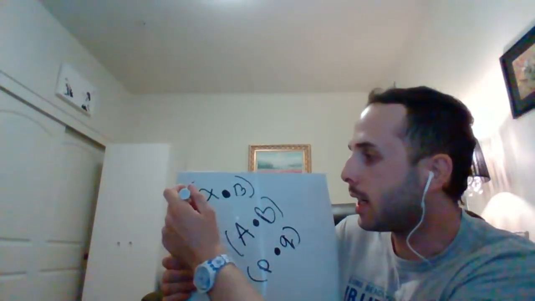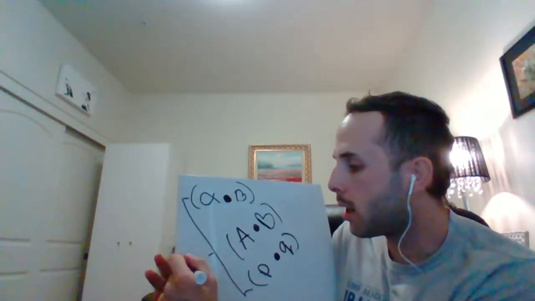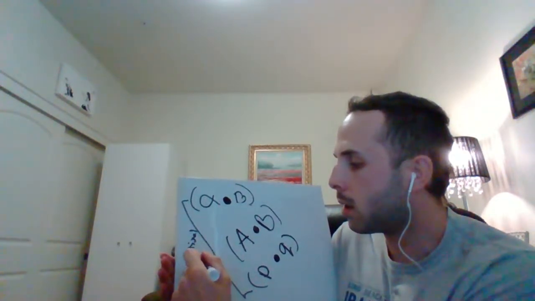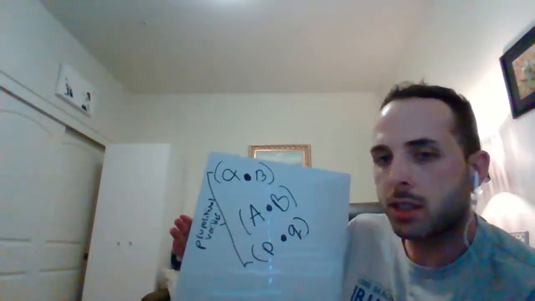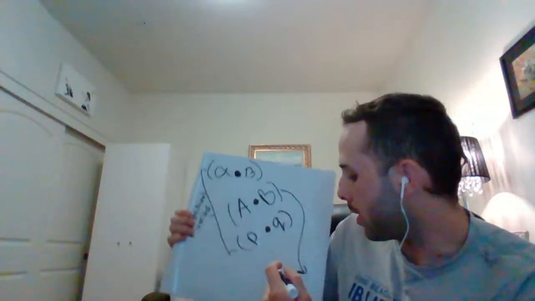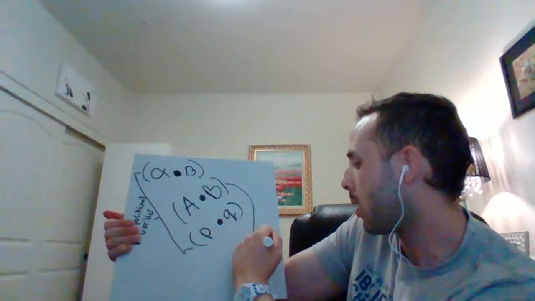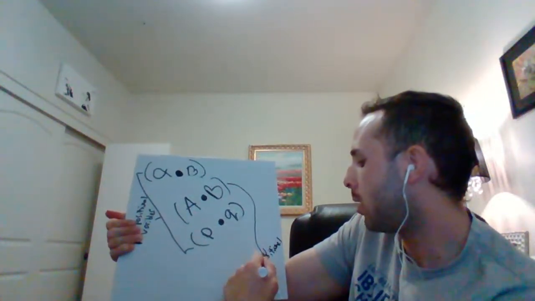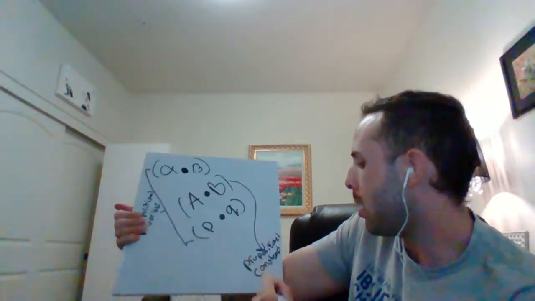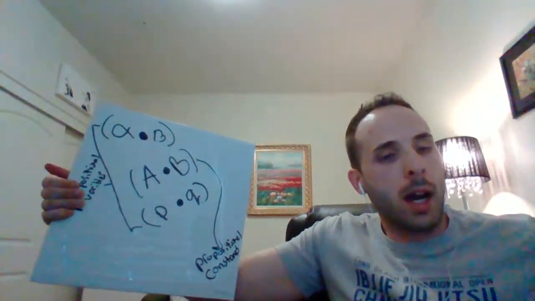So these letters over here are going to be propositional variables. These letters over here are going to be propositional constants.